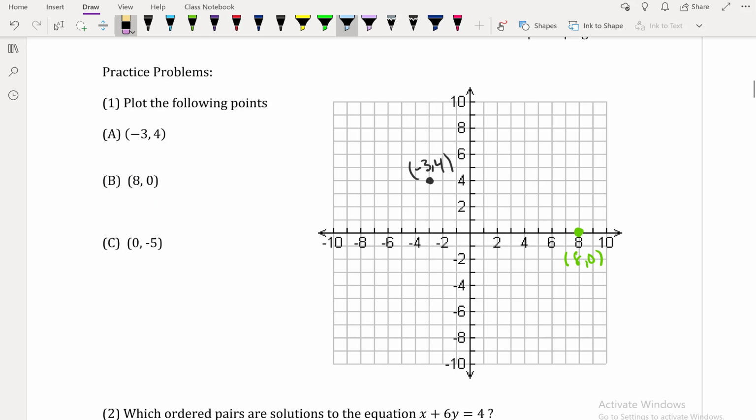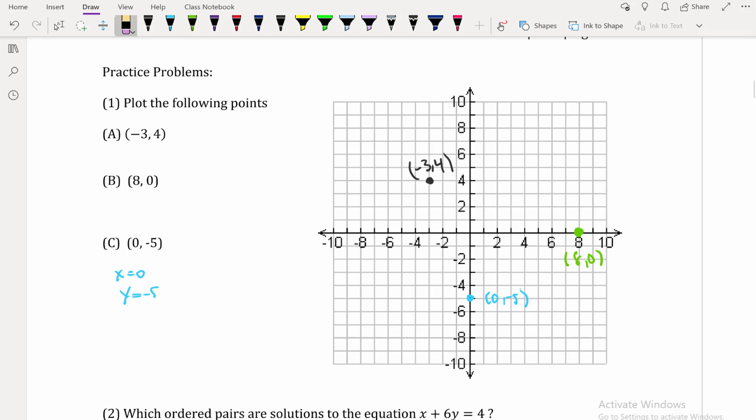Now for my C value here, it tells us that x is equal to 0 and y is equal to -5. So if x is 0, I'm here around the origin, but it's telling me that my y value is -5. So 0, -5 is here.